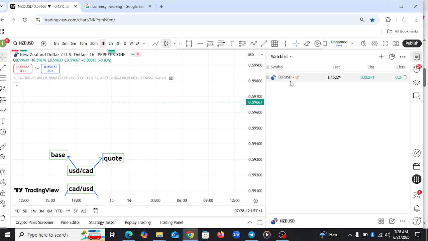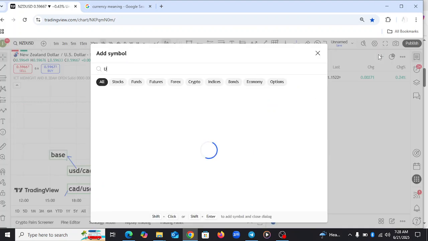Any pair like this, I'm going to list them out. There are seven in number. EUR USD has USD as one of its paired currencies, so that would be a major currency pair. If you have another pair like USD CAD, that would also be a major pair, because it has the USD paired with it. If you have another pair like NZD USD, it doesn't matter whether the USD comes first as the base currency or quote currency.